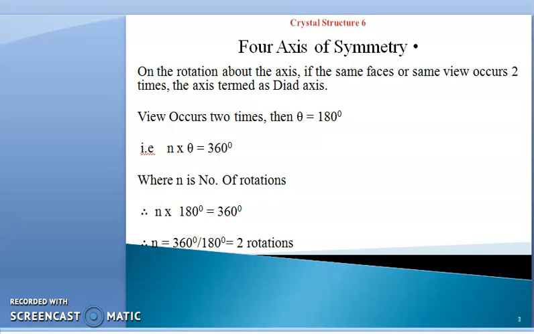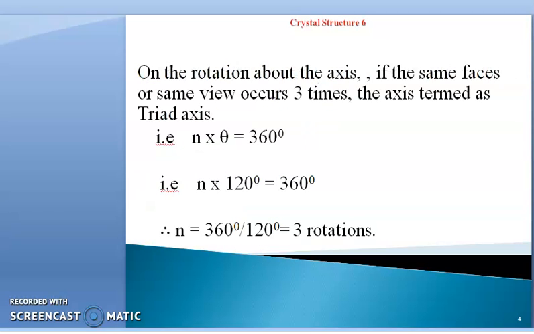Now what happens with 3 rotations? We see now. On rotation about the axis, if the same faces or same view occur 3 times, whereas in the previous case it was 2 times, then the axis is termed a triad axis. Dyad axis was the previous one, and this is the triad axis.